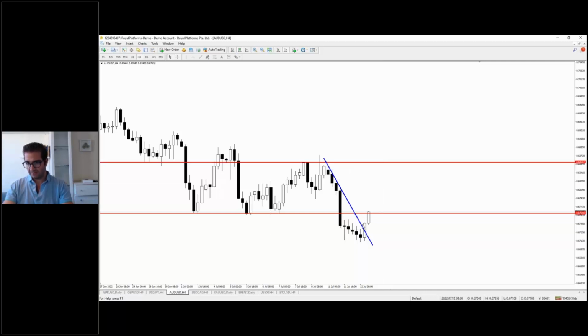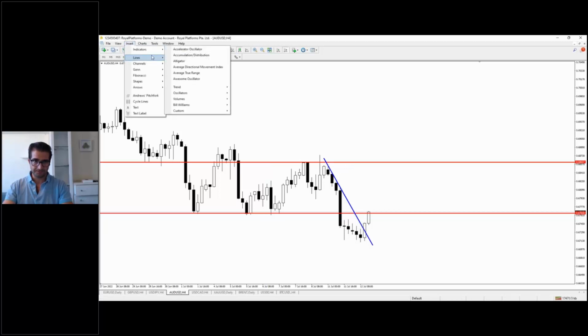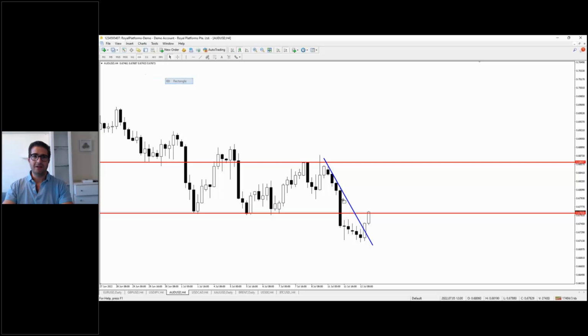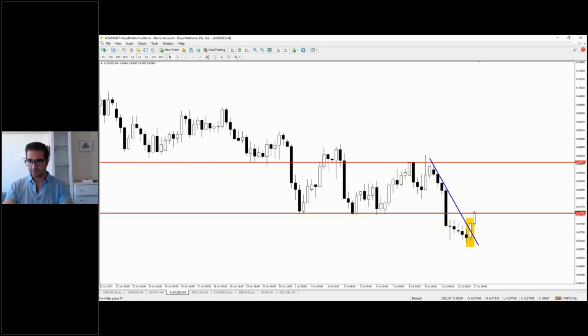Okay, why? Because we have a breakout of this bearish trend line. We have bullish engulfing pattern. This is a bullish engulfing pattern here. So this shows that the buyers are taking charge of the market.